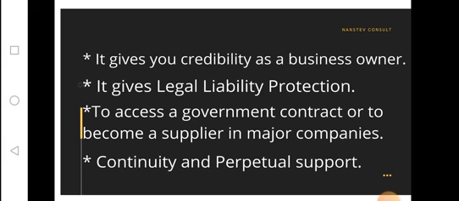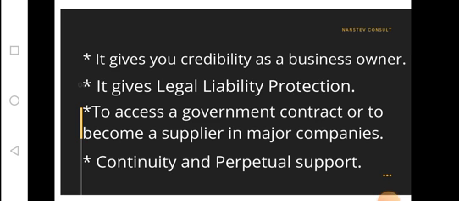Another importance of CAC registration is that it gives the business legal liability protection. It makes the business separate from the owner. The business cannot incur the debt of the owner. If the business is failing and it has loans with a bank, the bank cannot come and take away your personal property for the business.